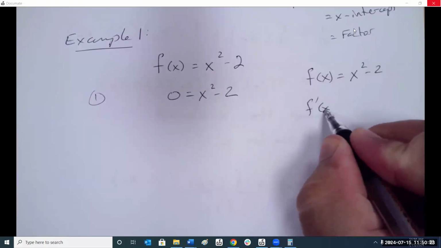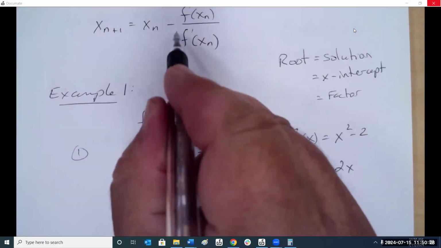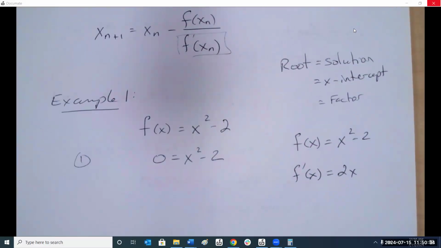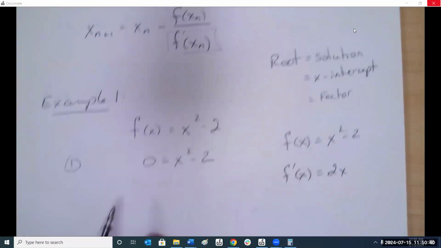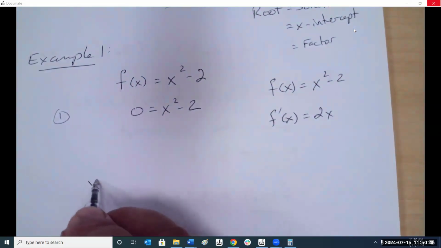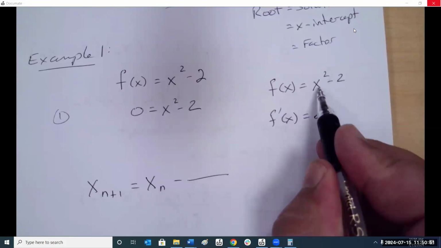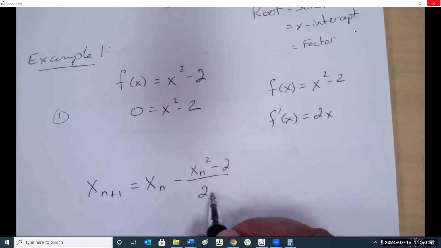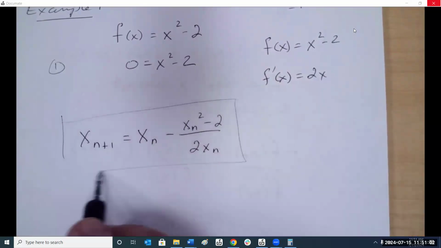We need f prime of x, because remember, we need to get the denominator here. So this formula now becomes x sub n plus 1 equals x sub n minus x sub n squared minus 2 over 2 x sub n. That's the formula we're going to use.